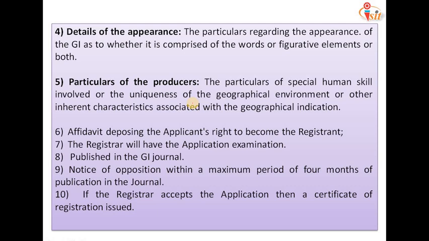Then the details of appearance, the particulars regarding the appearance of the GI, as to whether it is comprised of words or figurative elements. See here, the GI also has its trademark. So you have to mention whether it is comprised of words or figurative elements or both. Then the particulars of the producer, the special human skill involved, or the uniqueness of the geographical environment, or the other inherent characteristics associated with the geographical indication.